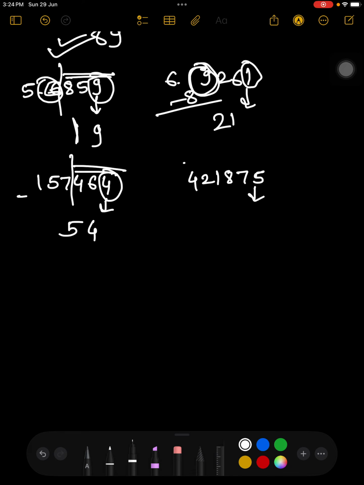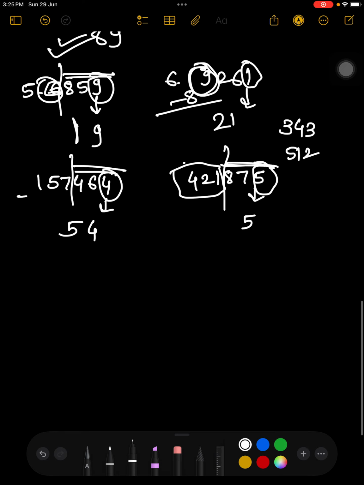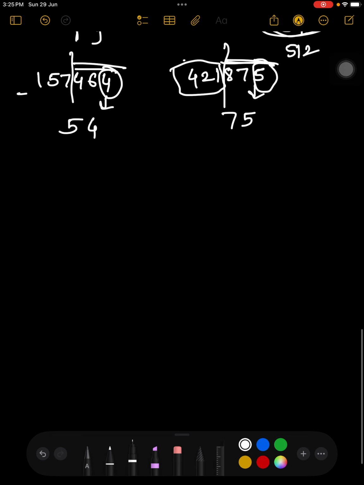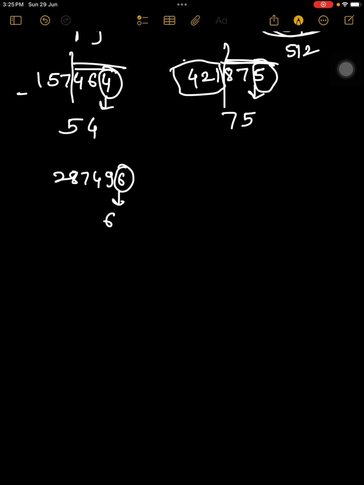Let's take the next example, 421875. The last digit is 5, so we write 5 and remove the last 3 digits. Then from 421, whose cube can be subtracted? It is 7. 7 cube is 343, because 8 cube is 512 and 6 cube is 216. So 7 cube is subtracted from it. So 7. Now let's take the next example, 287496. 6 is the last digit, so we write down 6.